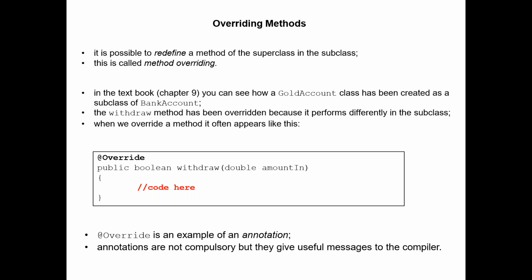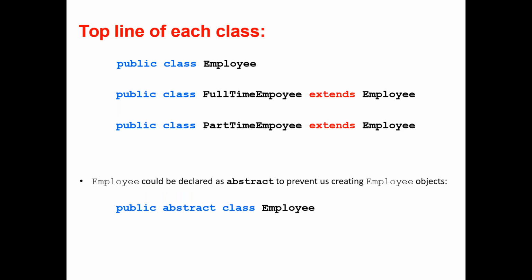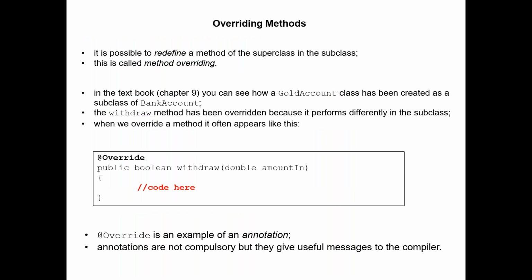Overriding is an interface. So the way we can now hide this, we can now use abstraction, is by introducing interfaces. With the overriding method, it is possible to redefine the method of a superclass in a subclass.